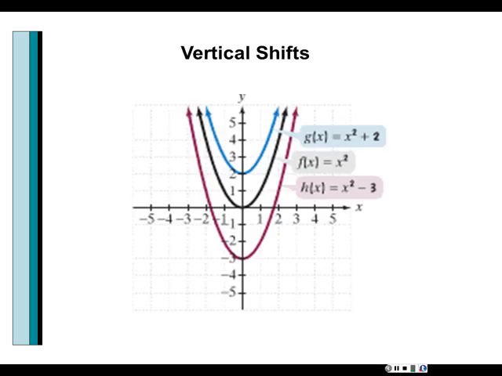The graph is shifting 2 units upward. You see how it is moving 2 units? Look at the blue line. It's 2 units, right? 1, 2. And then when you are subtracting 3, the graph is moving 3 units downward.